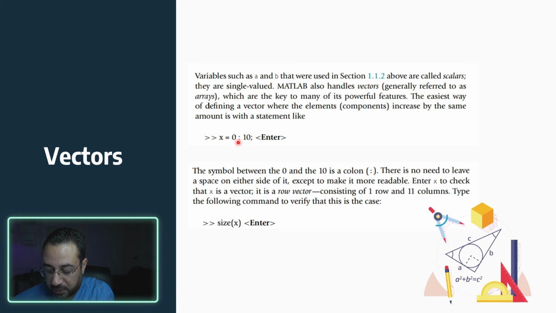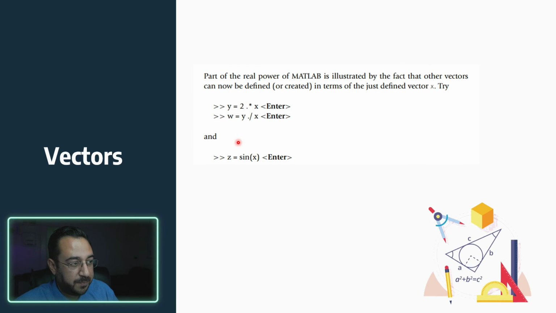Try to write the word size of x. So now you are creating an array in a mathematical form. An array in a physical form is like an arrow, a line between points A1 and A2 and point B1 and B2. And you can go with an array mathematically, which is like a column of values, same as what you see in Excel. So try to write size of x and see what happens.